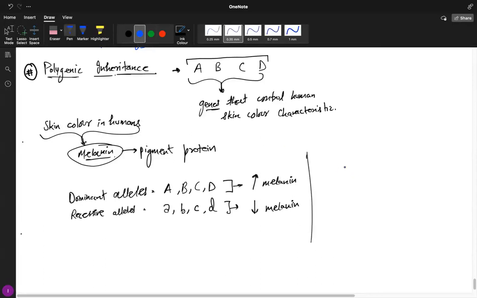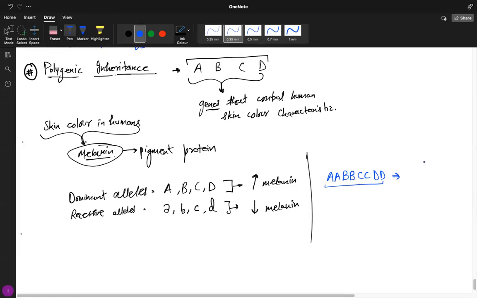Yes, sir. Now, taking it into combination, we have two alleles for every gene. So a person who happens to have the combination capital A, capital B, capital C, and capital D in both copies, which means from both the parents it got all the sets of dominant genes for melanin formation. What do you expect the skin color for such a combination?